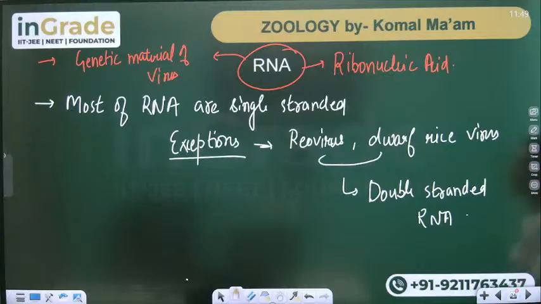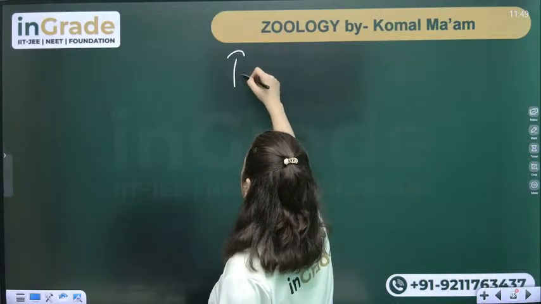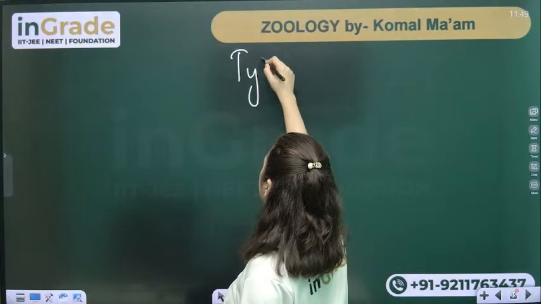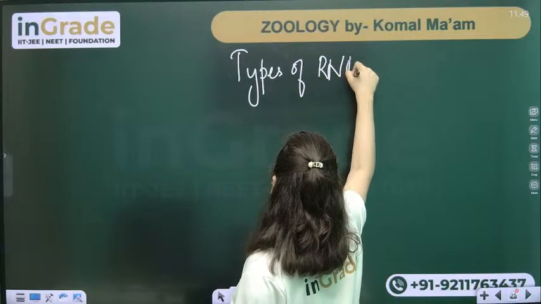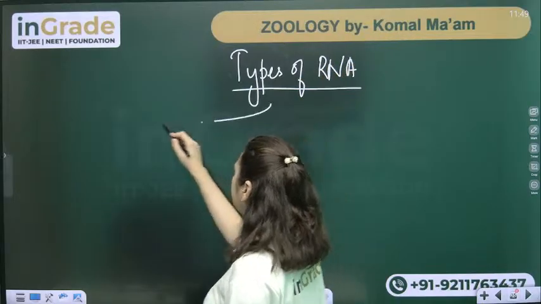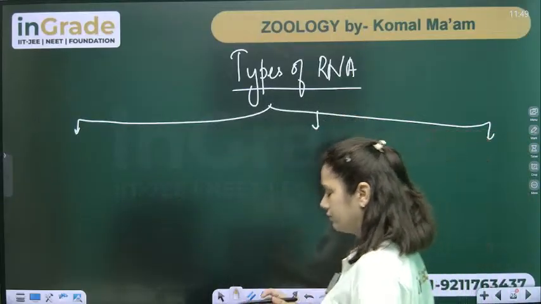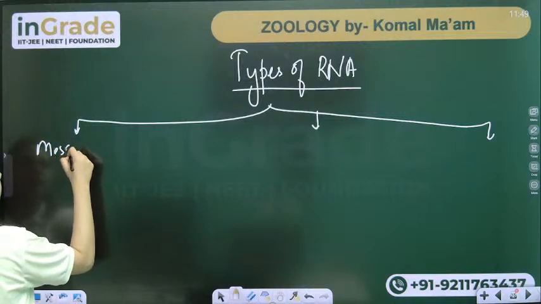Okay class, now let's discuss the types of RNA. We have three types of RNA. That is, we have messenger RNA or mRNA.